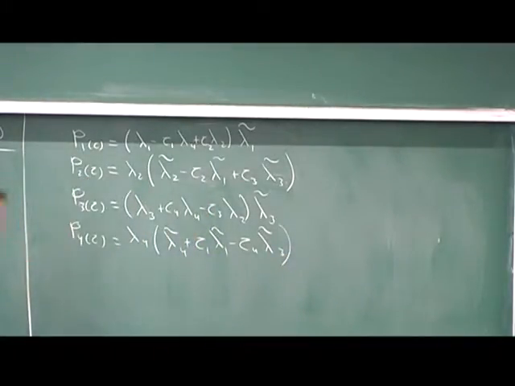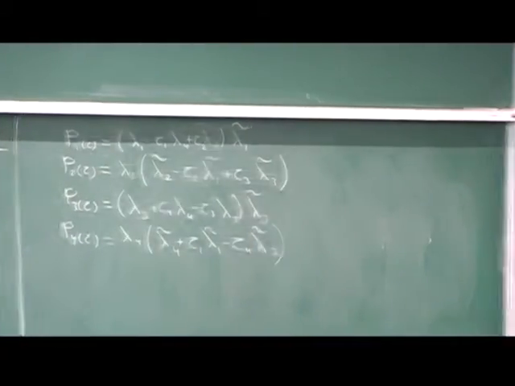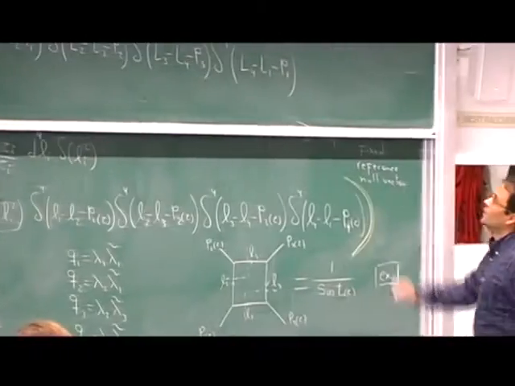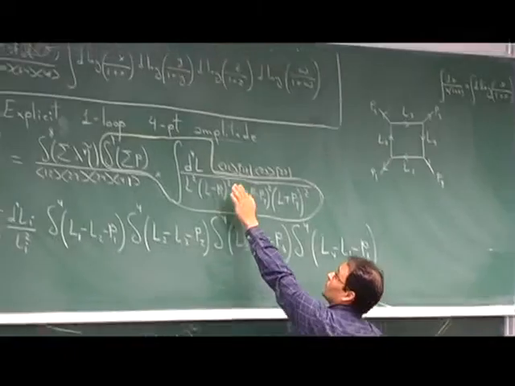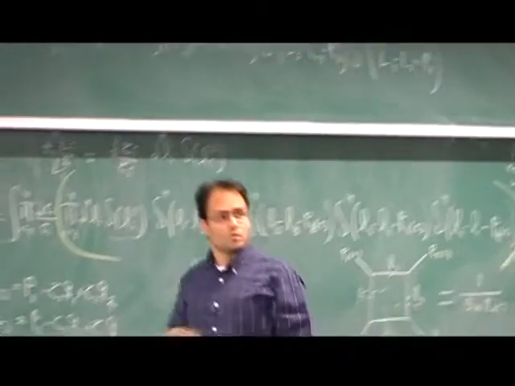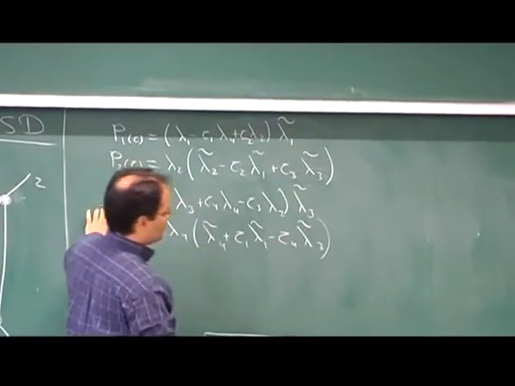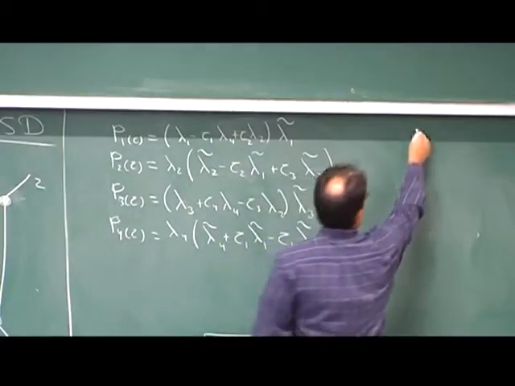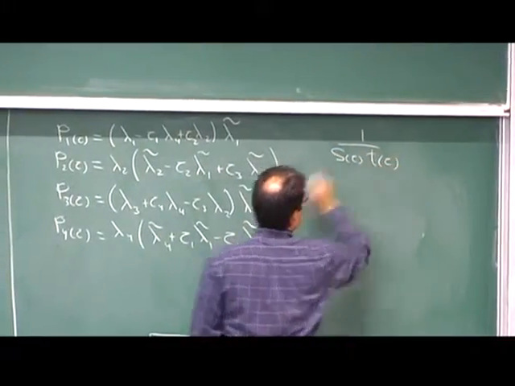Well, we just made a convenient choice for the reference guys. We computed this, and now we want to compute what this is. Remember, we also have these factors. These factors will be important later on. So let's do this computation quickly. We said that the whole integral is nothing but 1 over s of tau times t of tau.